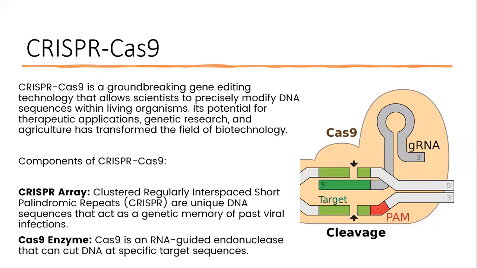So if we sequence the genome and we know exactly what part of the gene causes the mutation, for example, a mutation at the CFTR gene, which causes cystic fibrosis, we create a guide RNA for that specific part of the gene, cut that out, and replace it with a healthy part of the genome. And that person will no longer develop cystic fibrosis, just as an example.